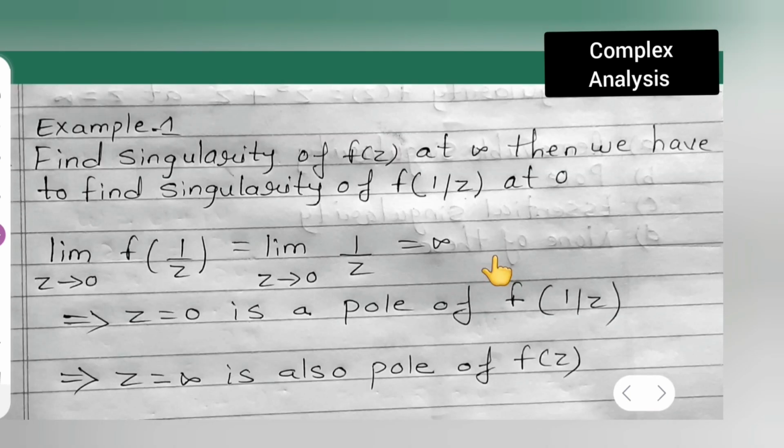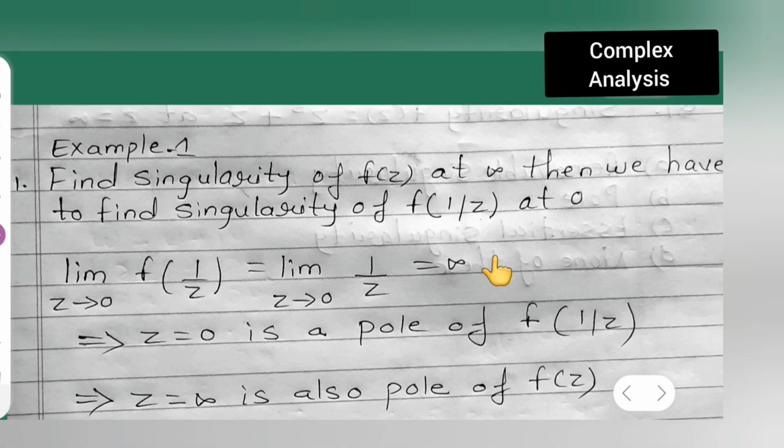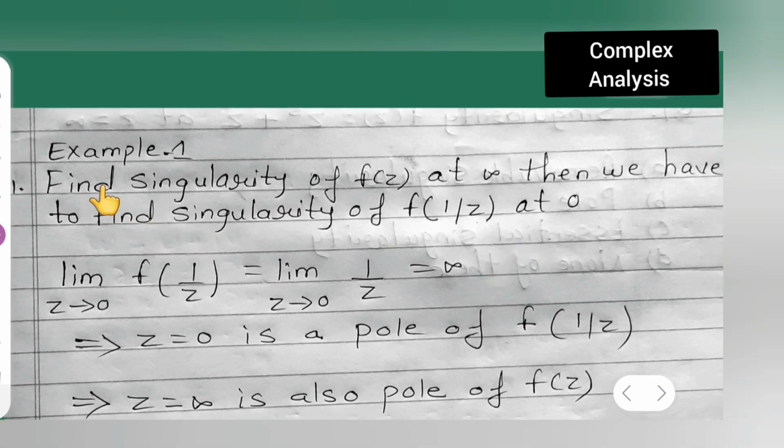Okay, so let me start with it. So here what is given with you all? What you all have to do is find singularity of f of z at infinity, then we have to find singularity of f of 1 upon z at 0.